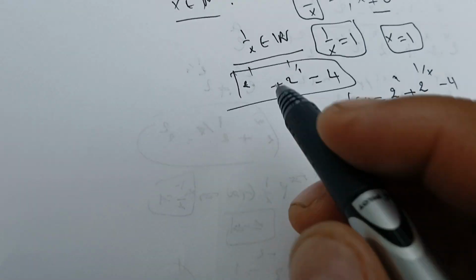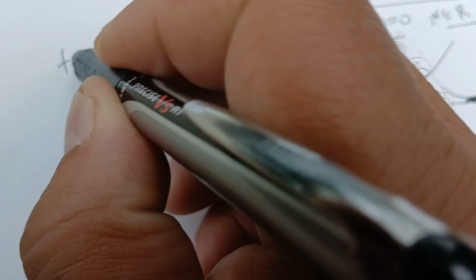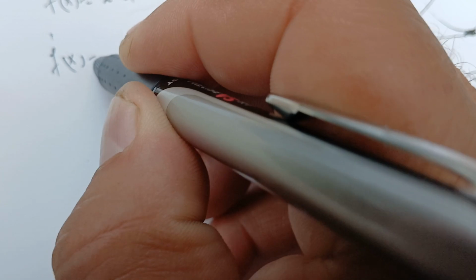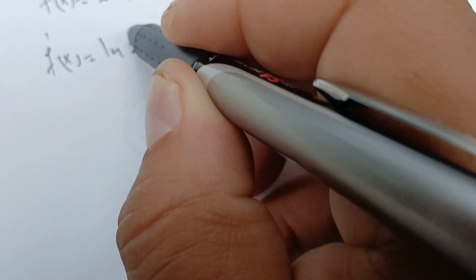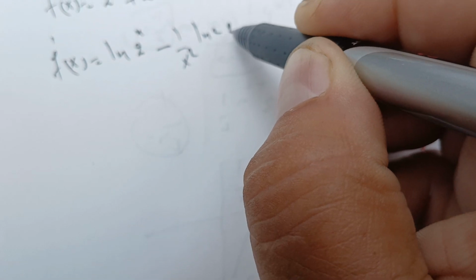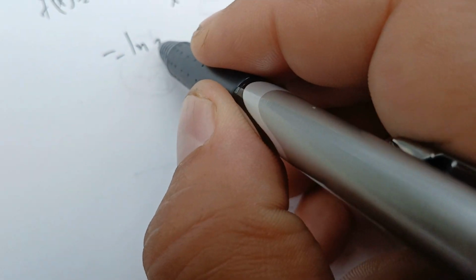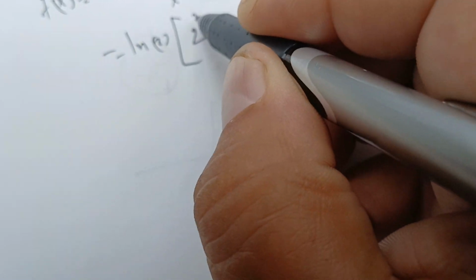We can study this function in detail. f of x is 2 to the power x plus 2 to the power 1 over x minus 4. When we differentiate, f prime of x is ln 2 times 2 to the power x minus 1 over x squared times ln 2 times 2 to the power 1 over x. Here we factor out ln 2, and we get 2 to the power x minus 2 to the power 1 over x, divided by x squared.